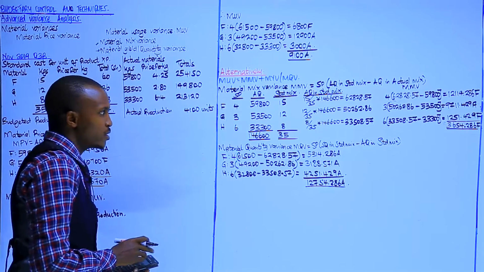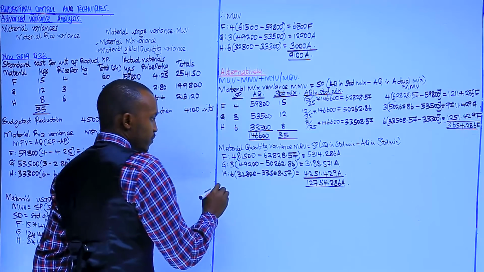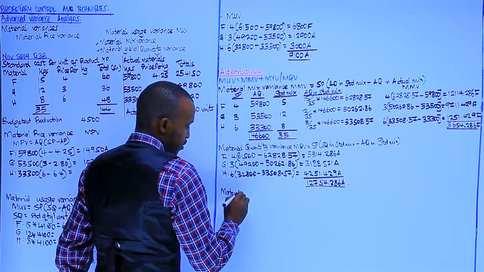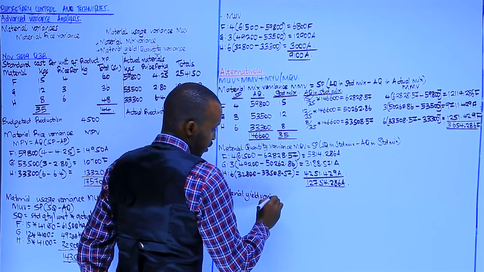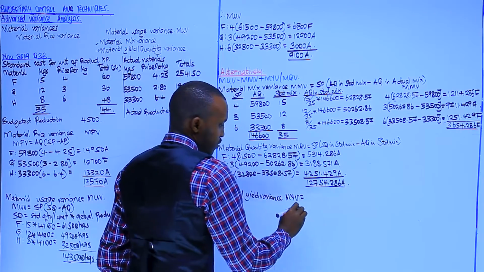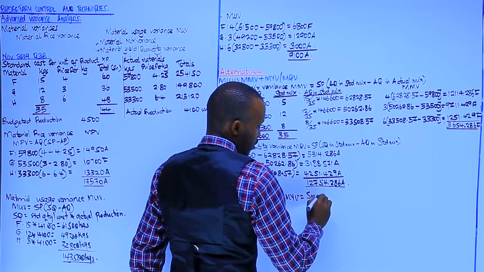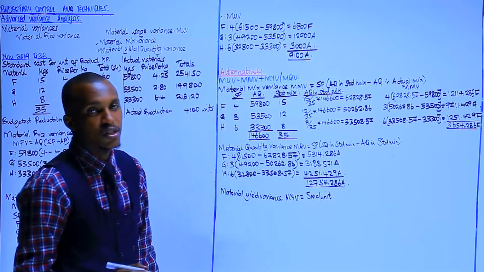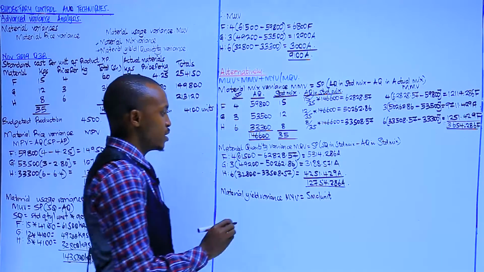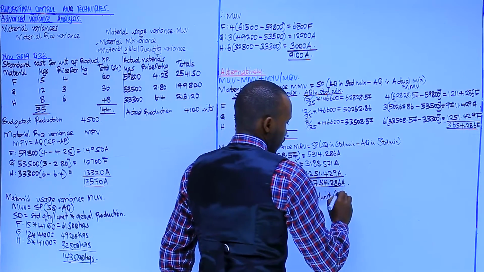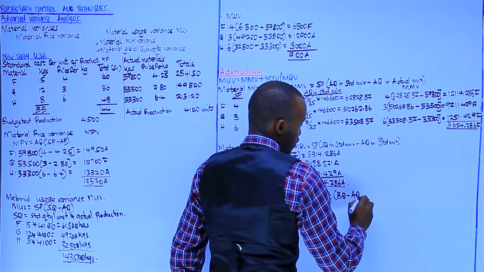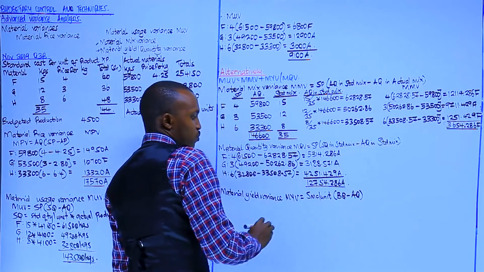let's calculate our what? Alternatively, we can even get our material yield variance, which is your standard material cost per unit. That is given, SMC means your standard material cost per unit. Your budgeted quantity minus actual quantity that was produced.